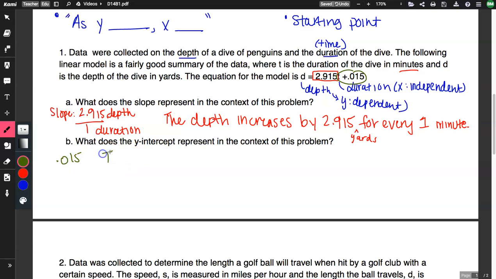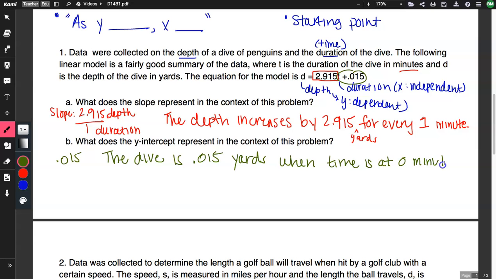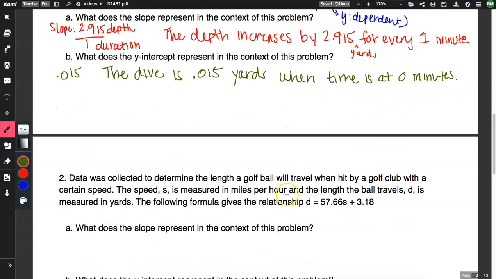So to interpret it, I'm going to say the dive is 0.015 yards when time is at 0 minutes. That's it. The y-intercept doesn't always make as much sense as the slope, but we basically interpret it the same way. Okay, let's see, how many more do we have?